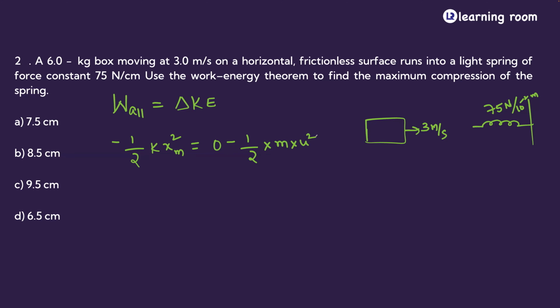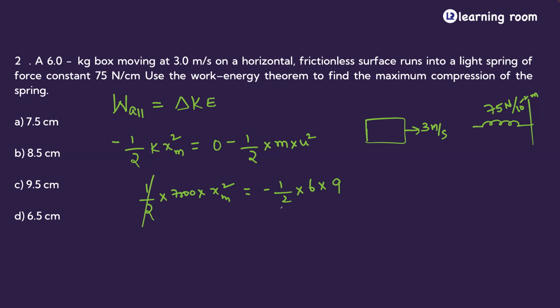Now listen to this carefully. If I write this as half into k, what is the value of k? 7,500, into the maximum compression, that's xm. So xm square is equal to minus half into m, what is the value of m? 6, into u square, that is 9.